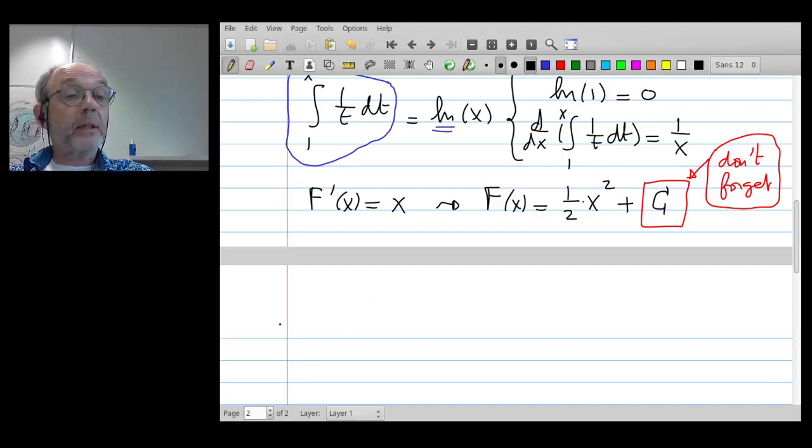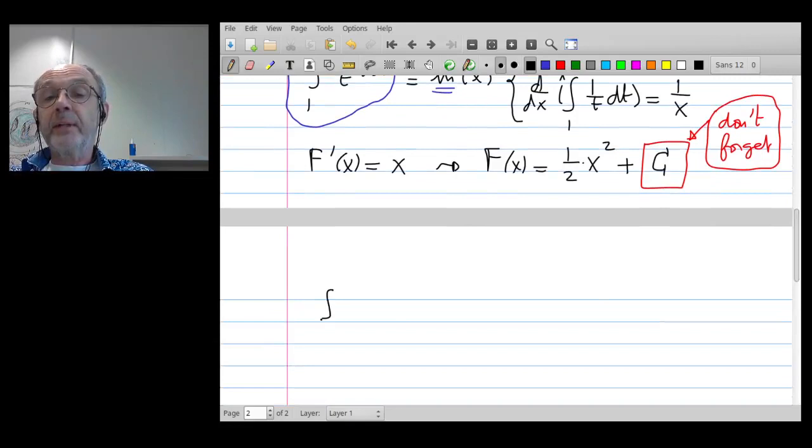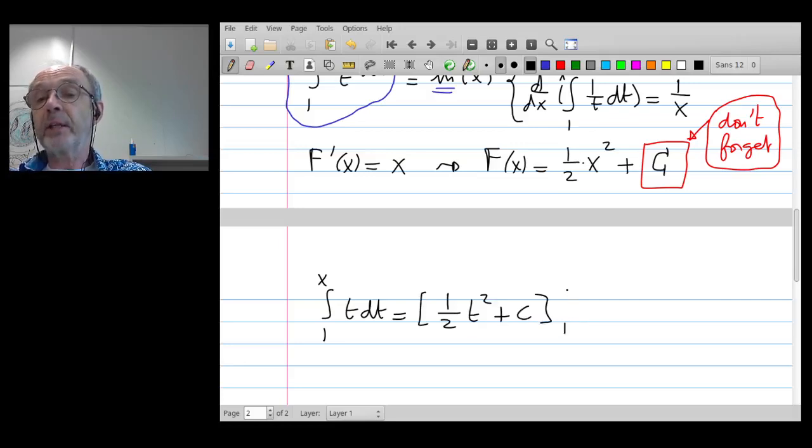Yeah, and what can you now do? For instance, if you have the integral from 1 to x of t dt. Now what can you do? You know now that the primitive function will be 1 over 2 times t squared plus some constant, and you have that lower and upper boundary.